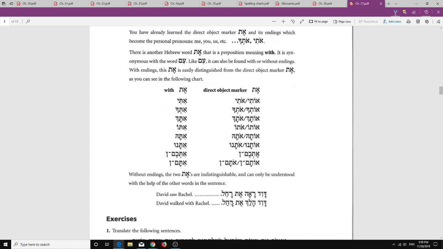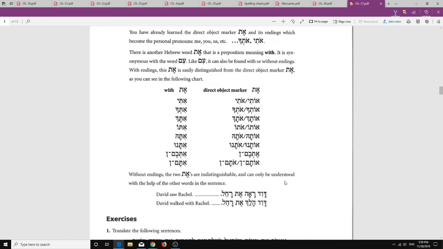David walked, and let's err first so we can see this. David walked Rachel, with et as the direct object marker. That doesn't really make any sense. Rachel's probably not a dog in this case. So it's David halak et Rachel. David walked with Rachel.